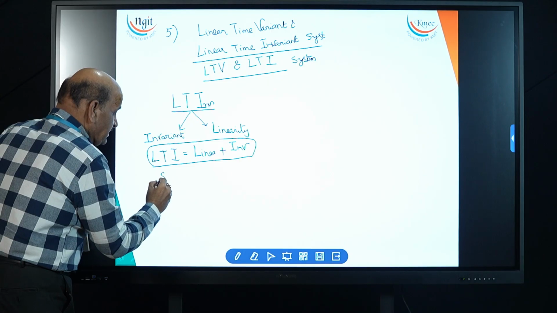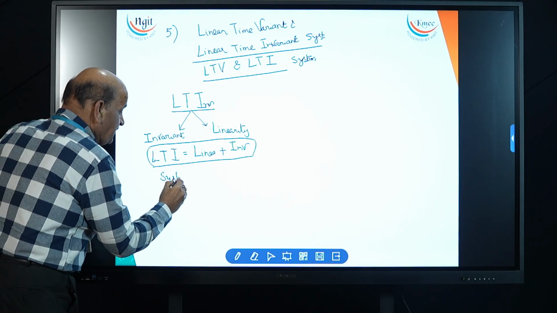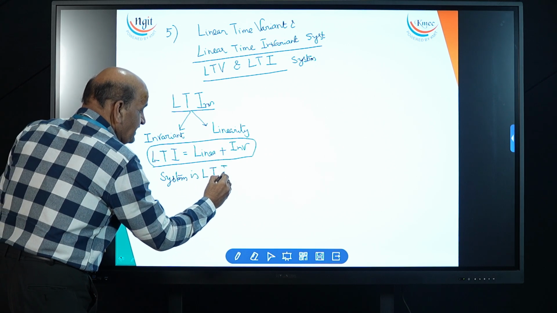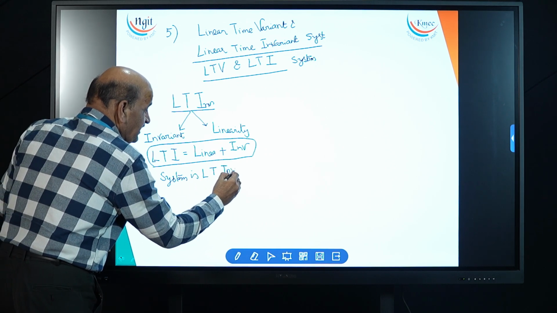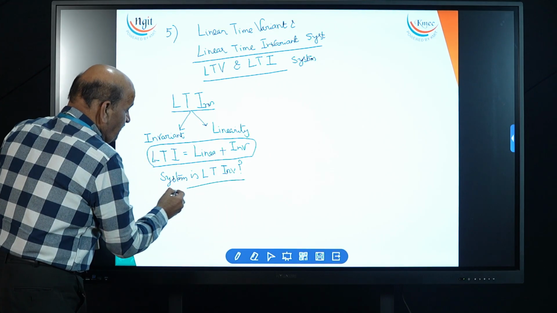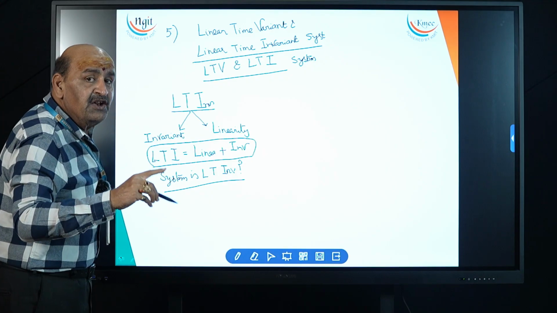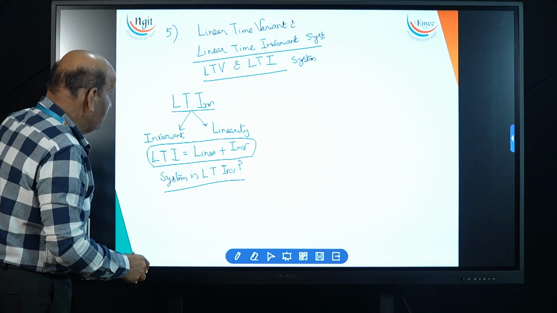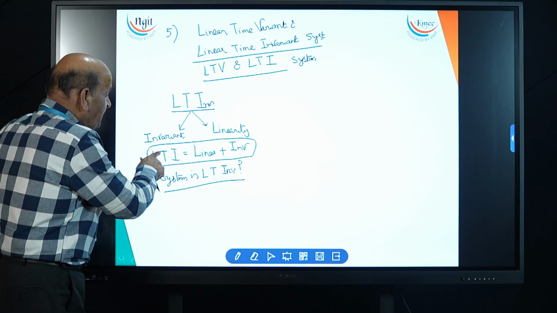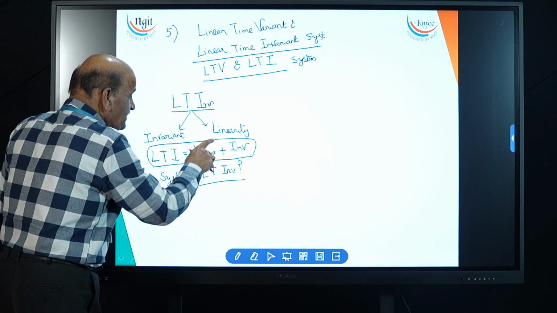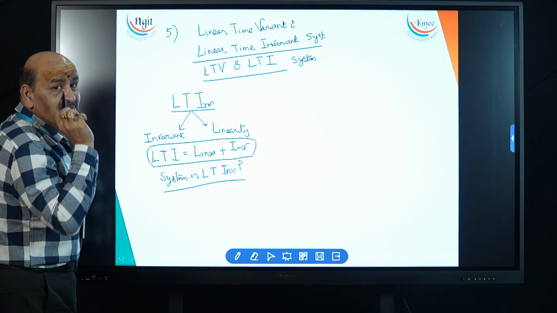When can we say that a system is linear time invariant system? It has to satisfy 2 important properties. One is invariant, second one is linearity property.